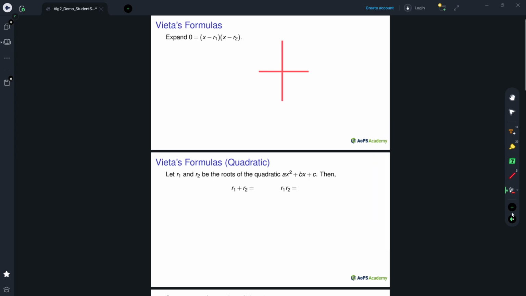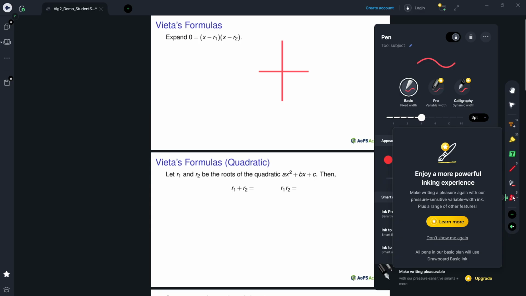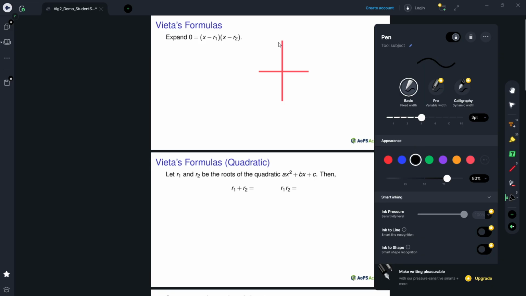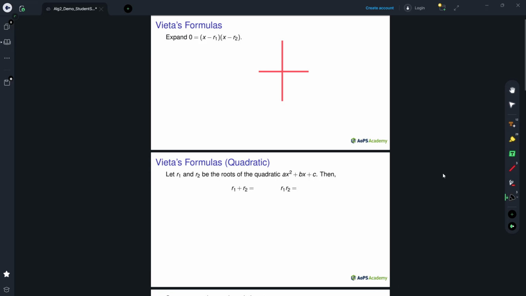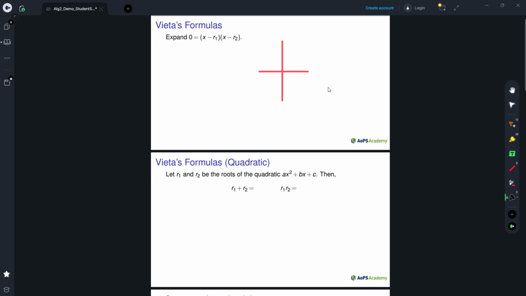Oh no, it's a pen. Okay, so I got the pen tool. Wait, is this not working? Yeah. Okay. So I'll use the pen tool.